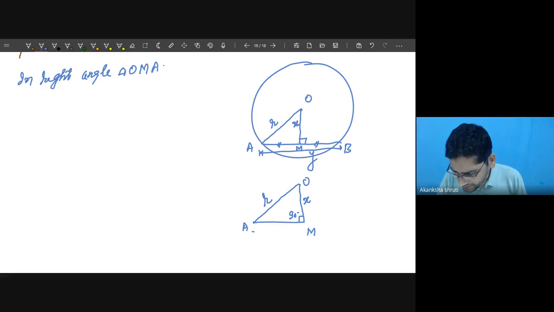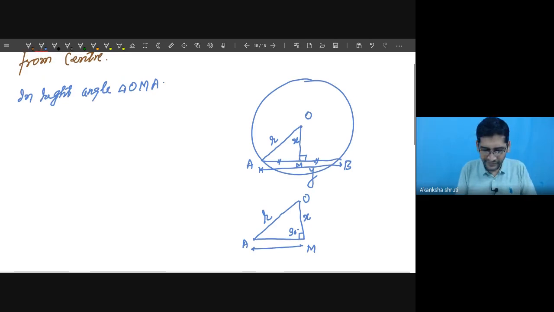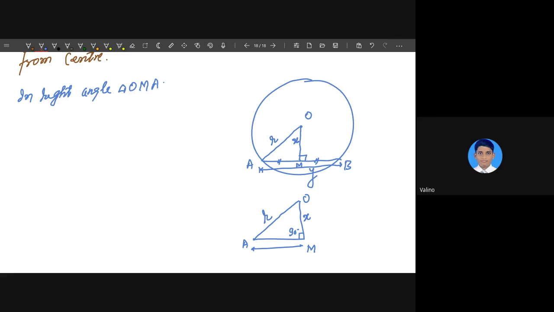Students, can you tell me what will be the value of AM? From this figure, AB is given as Y and M is the midpoint of AB. So what will be the length of AM? Half of AB. Good.